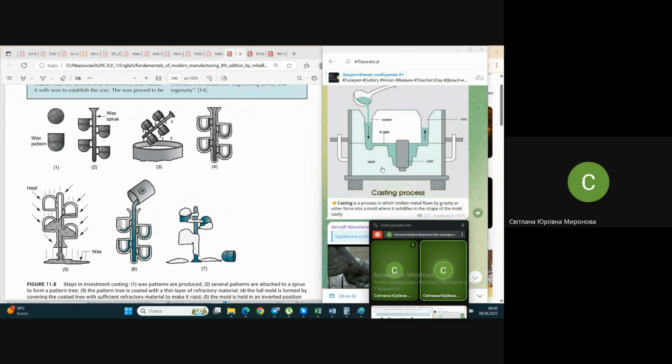Plus we leave some channels, some ducts, for removing unnecessary materials and for removing excess of the liquid material we are going to pour in.